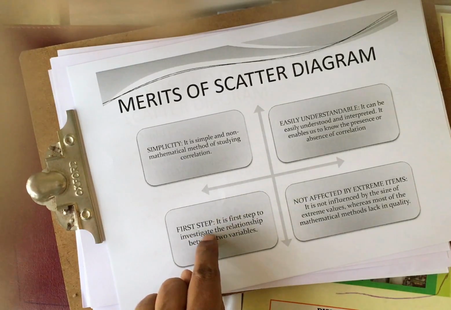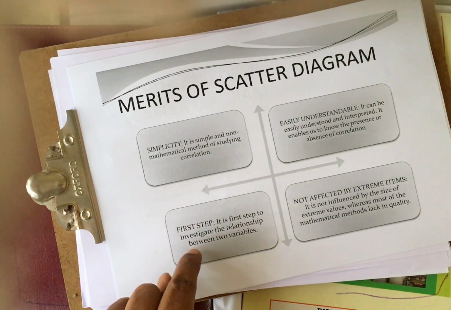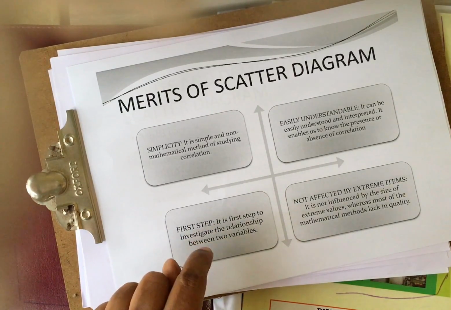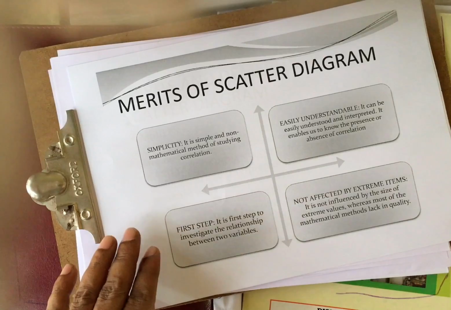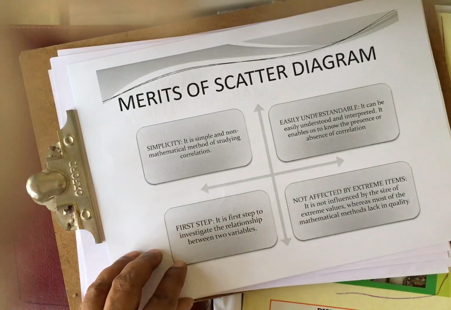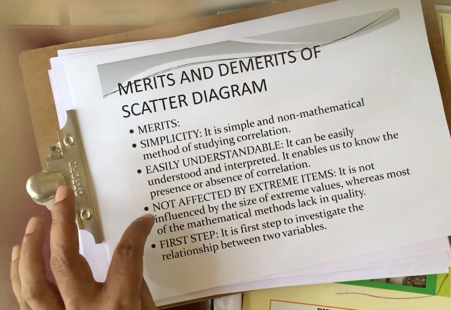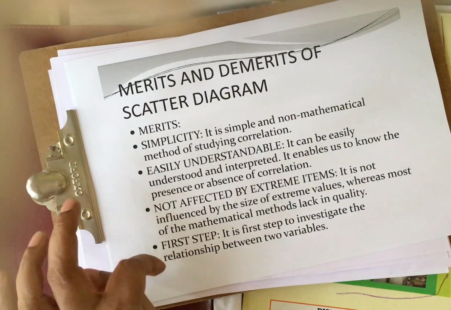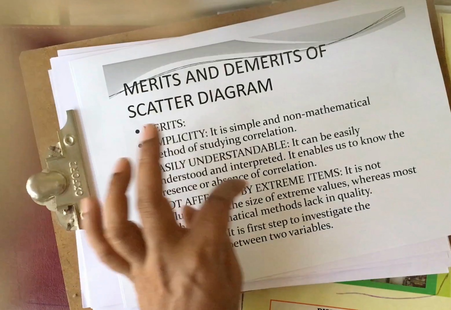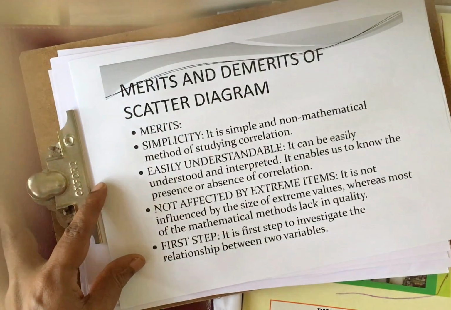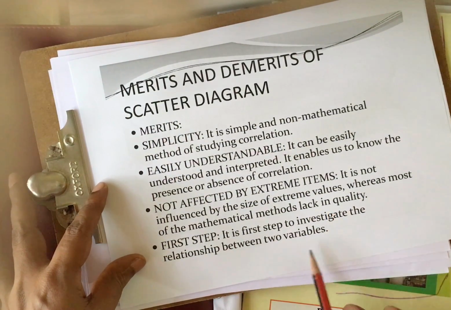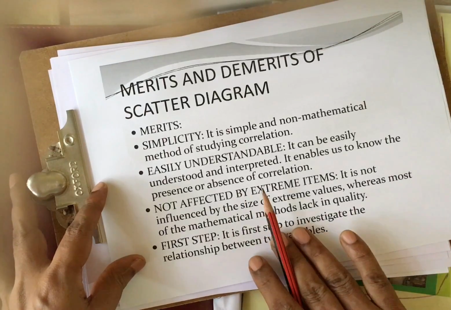It is also the first step to investigate the relation between two variables, so only after studying the scatter diagram do we go for the mathematical problem. That's why it is called the first step. The same thing is given here: simplicity, easily understandable, not affected by extreme items, and first step. So these are the merits.